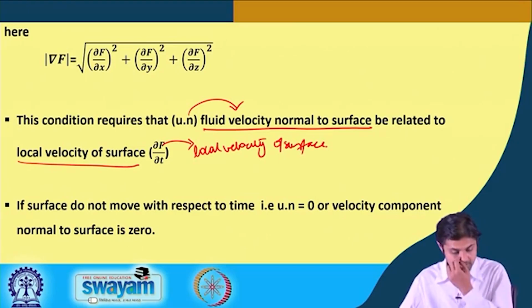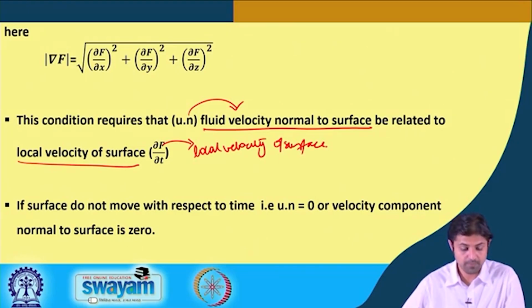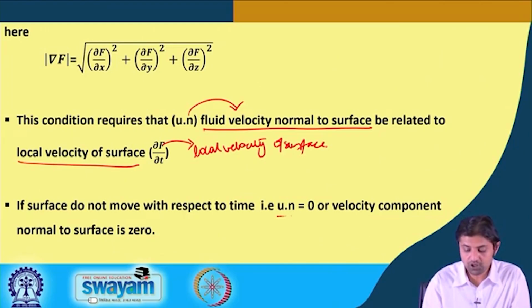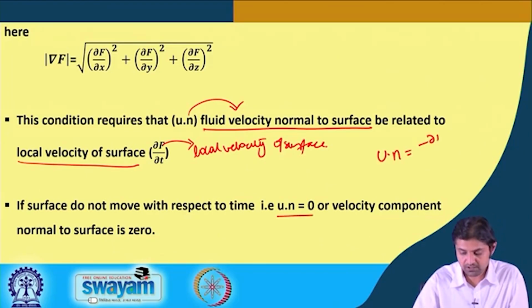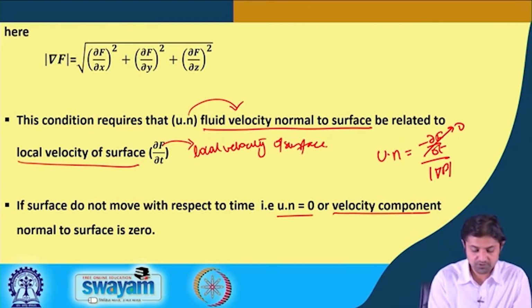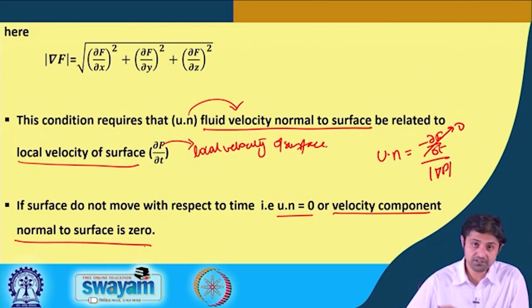Let us say the surface does not move, that means it is fixed with respect to time, so the local velocity of the surface is 0. If it does not move, then this is 0, which means u dot n is equal to 0, or in other words the velocity component normal to the surface is 0.